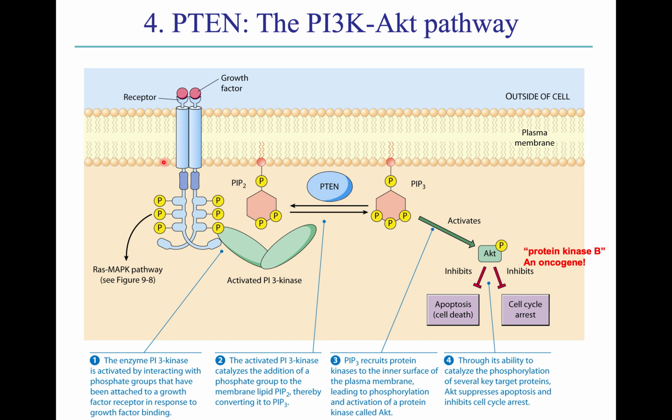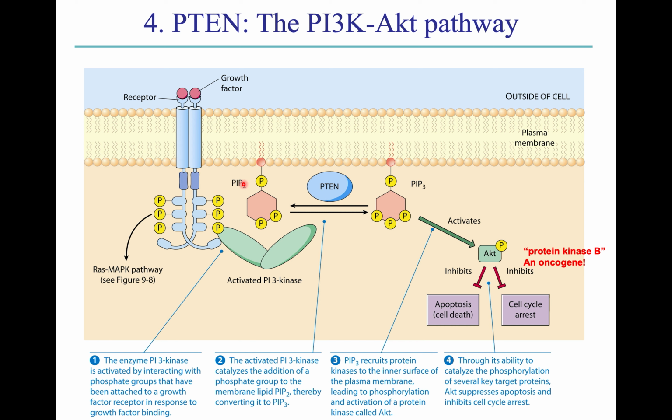And if we follow this pathway through, we're basically activating this protein kinase B, which is another oncogene. It would inhibit apoptosis, inhibit cell cycle arrest. And the PTEN protein here in the middle of this pathway is basically fighting against this pathway. So it's converting this intermediate PIP3 back into PIP2.